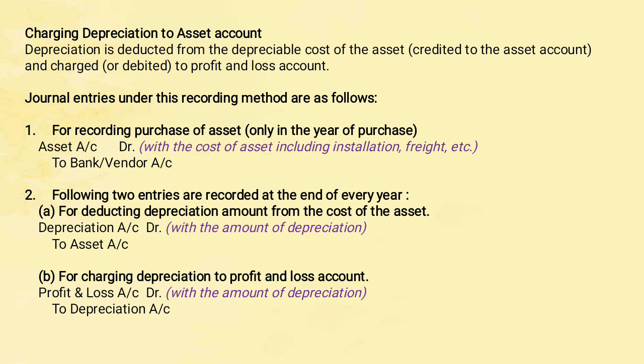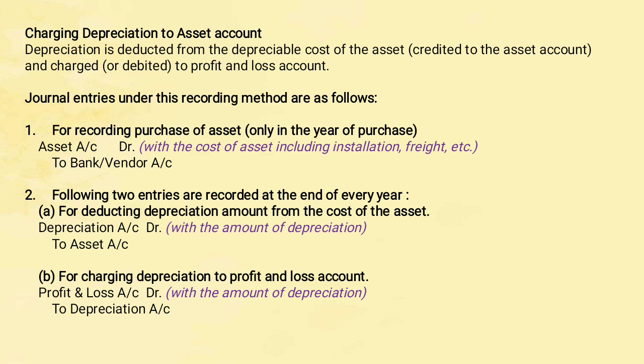It means total cost of purchase minus scrap value of the asset is the depreciable cost, and we calculate depreciation only on that value. Here we basically have two different methods. First is the estimated life method, and second is the rate of depreciation method. We will see both of the methods.